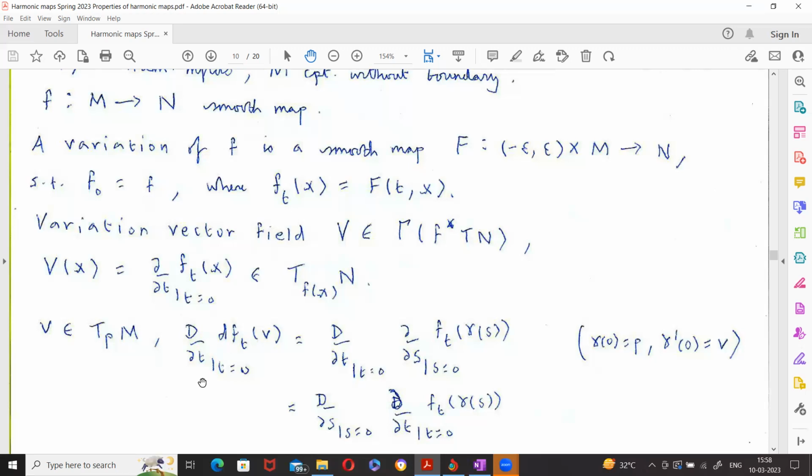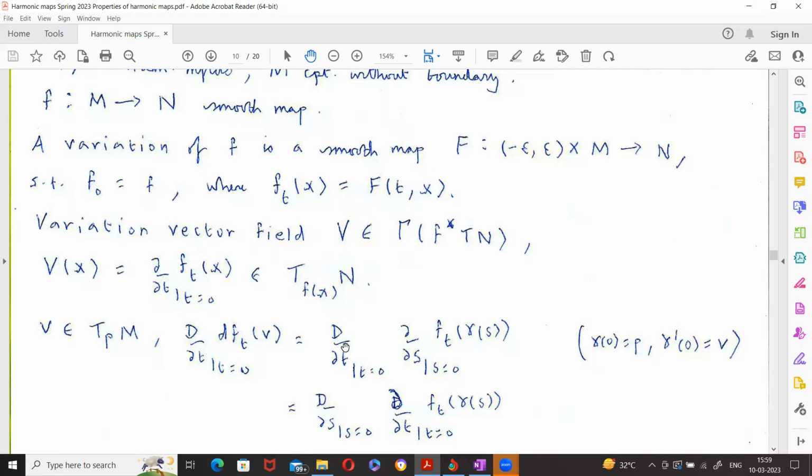I can take the covariant derivative of this vector field along the curve. So I look at D/dt at t equals 0 of df_t(v). Now df_t(v) I can write as del/del s at s equals 0 of f_t(gamma(s)), where gamma is any curve such that gamma(0) is p and gamma'(0) is v. So I get a parametrized surface f_t(gamma(s)).